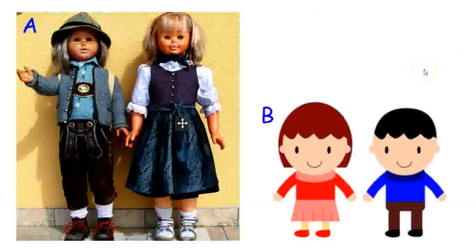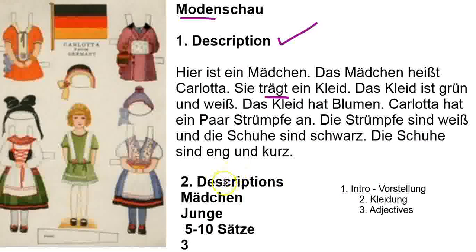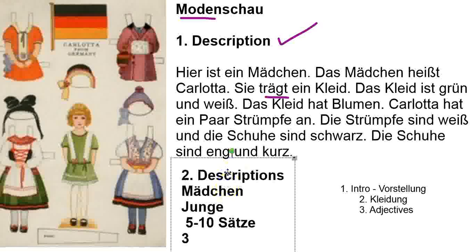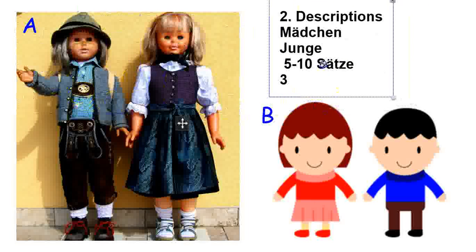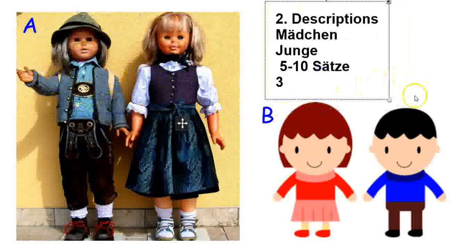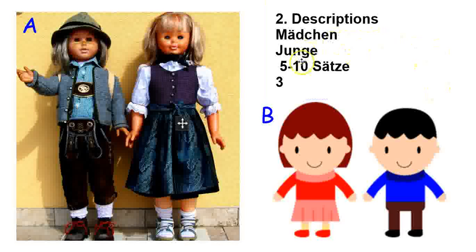So, to help you, go ahead and practice. Choose one of the sets of the following boy and girl. You can choose A or B. Make sure you write down which one you're going to write about, and then simply make sure that you do the following. Write 2 descriptions, 1 for the girl and 1 for the boy, of which you write 5 to 7 sentences where you talk about a minimum of 3 pieces of clothing.